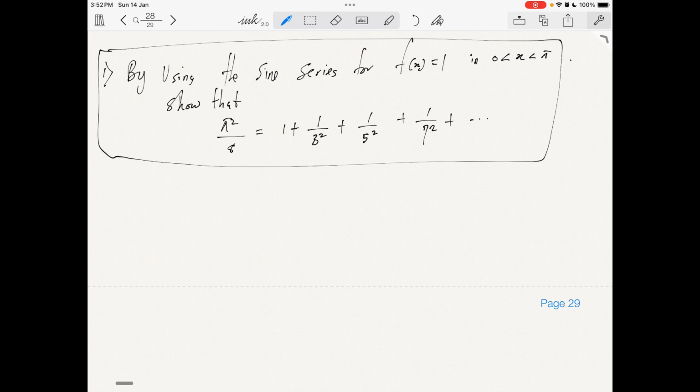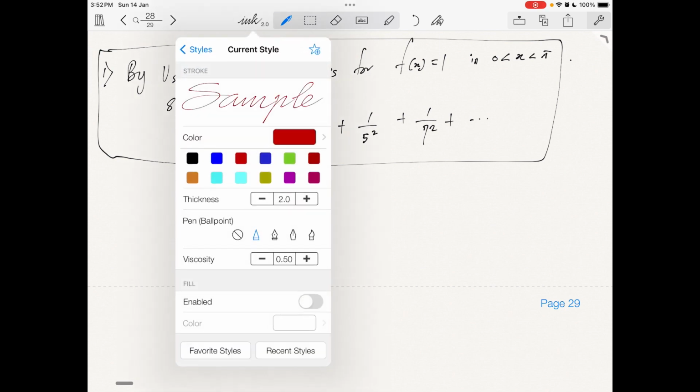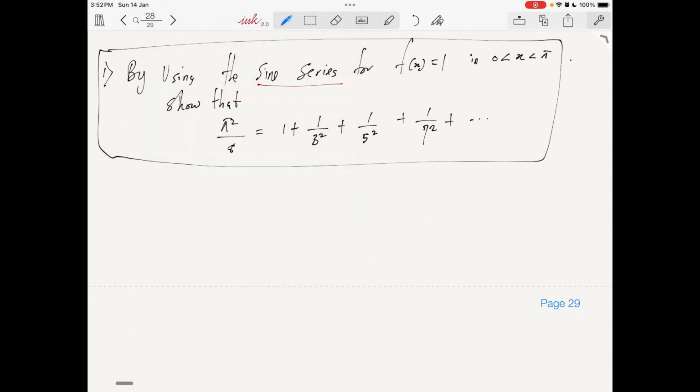Now, what should we take note of in this question? The first thing we should note is we are offering sine series. Our f of x is equal to 1, and this is the range.